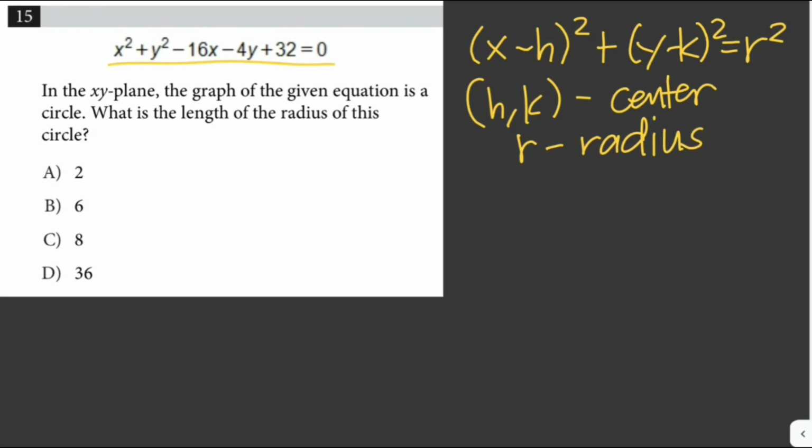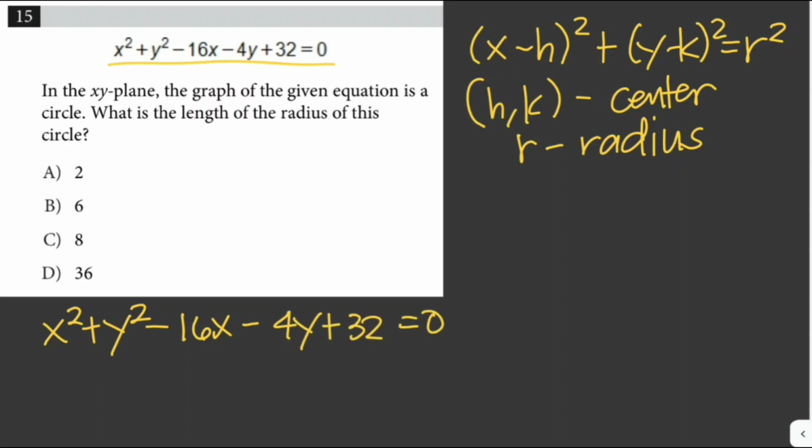Okay, we can solve this by grouping. That is x squared plus y squared minus 16x minus 4y plus 32 equals 0. We can transpose positive 32 to the right, and that becomes negative. So x squared plus y squared minus 16x minus 4y equals negative 32.